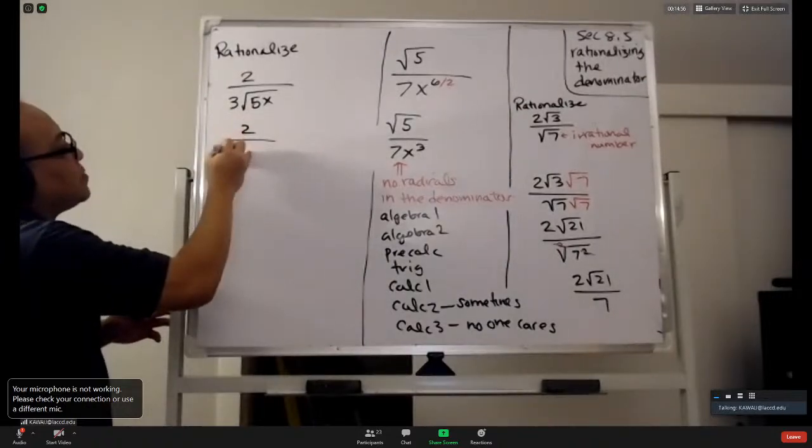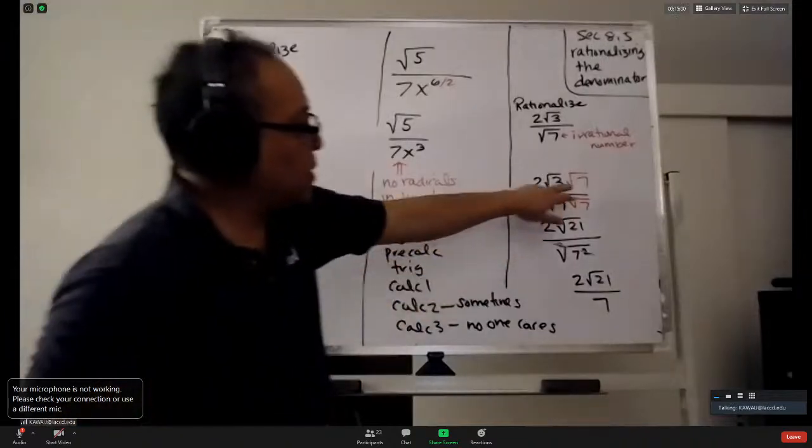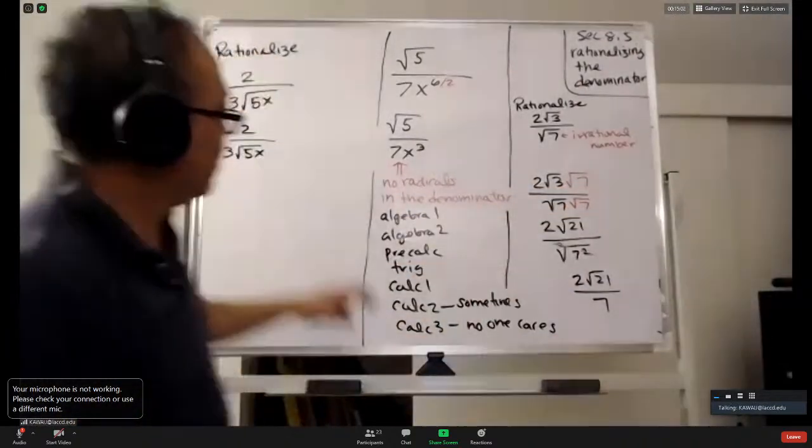So see if you can do that next move. Just like this, add a 5x, add a 5x, top and bottom.